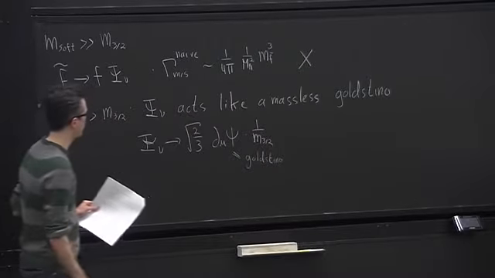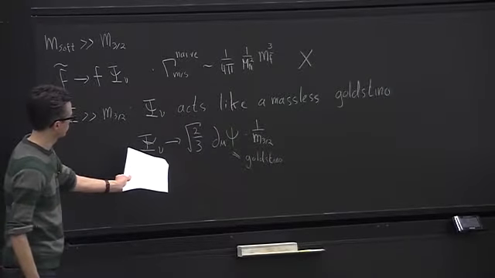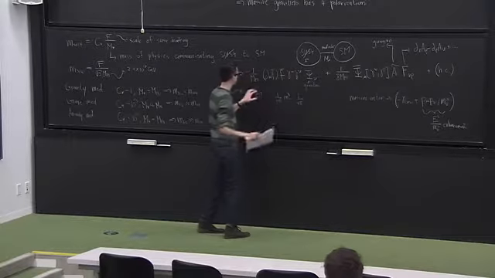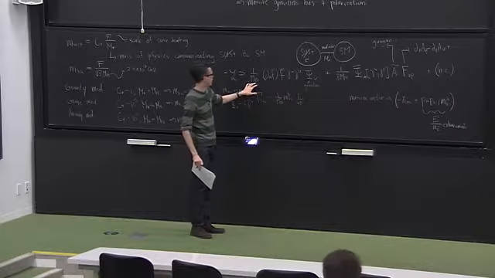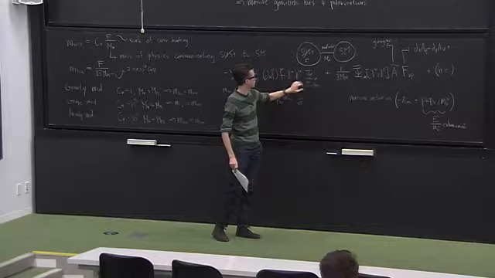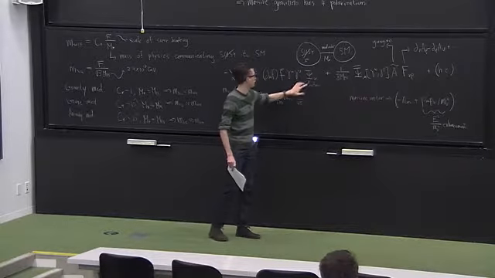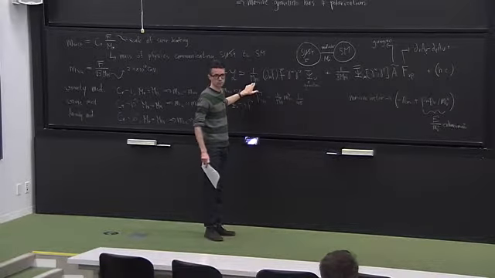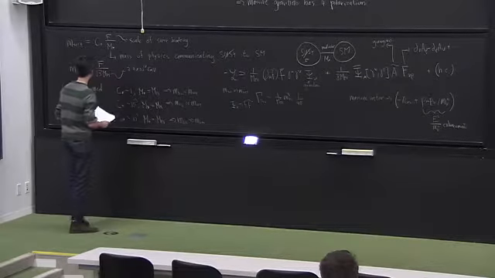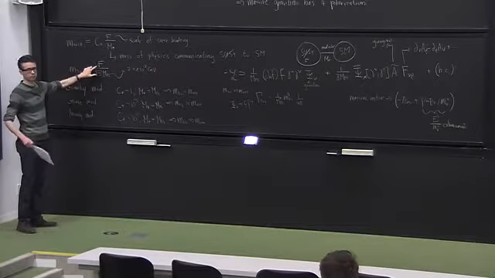When I plug this into my interaction, I get an effective interaction where I replace the 1 over m Planck by an extra derivative, and I get an m3 halves down here. And if you put everything together, m3 halves times m Planck is roughly f.